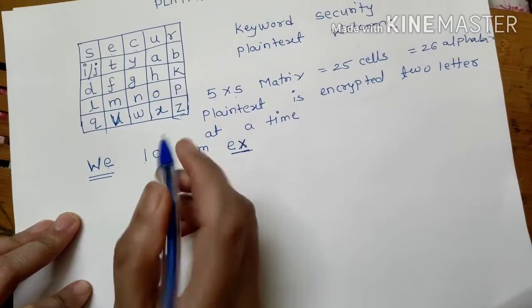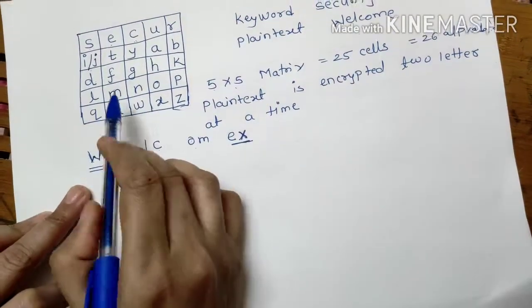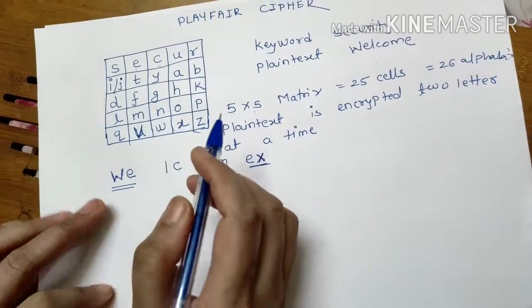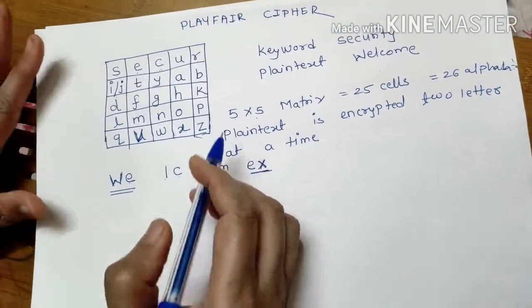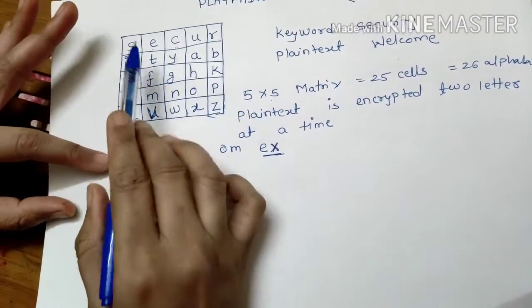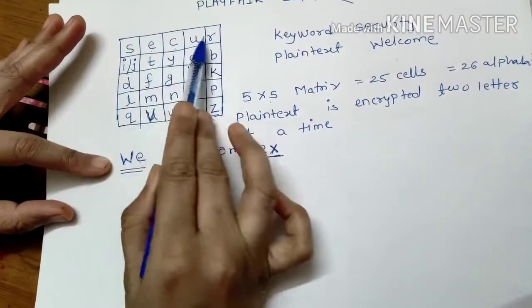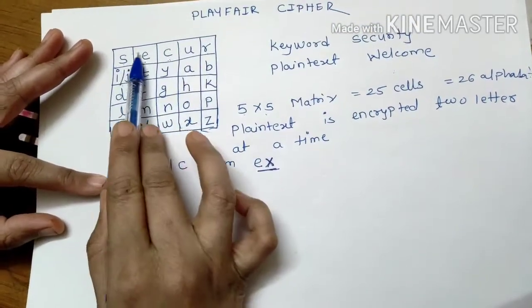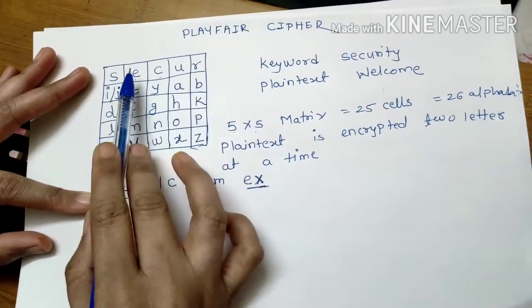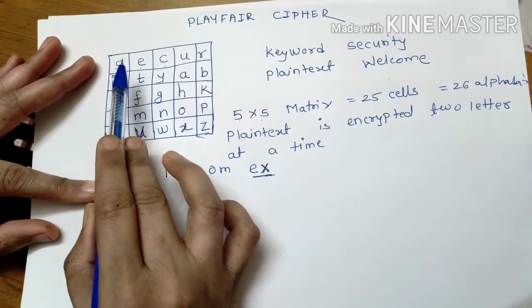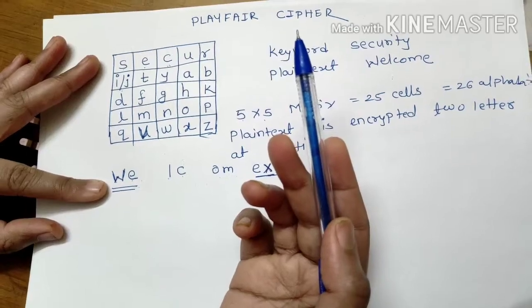We will start with WE. There are 4 rules to convert the plain text into the ciphertext. If letters are in the same row, then we replace each letter with the letter to its right.